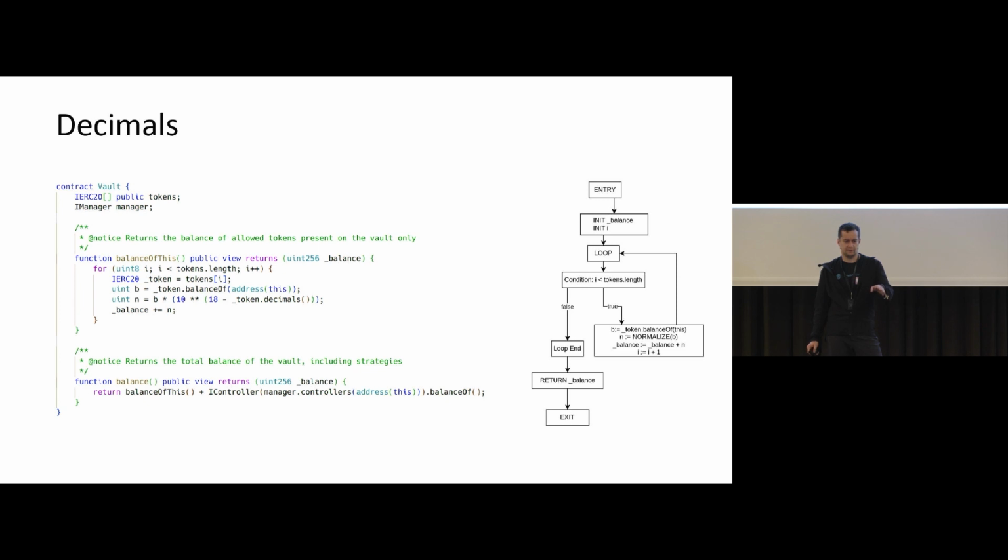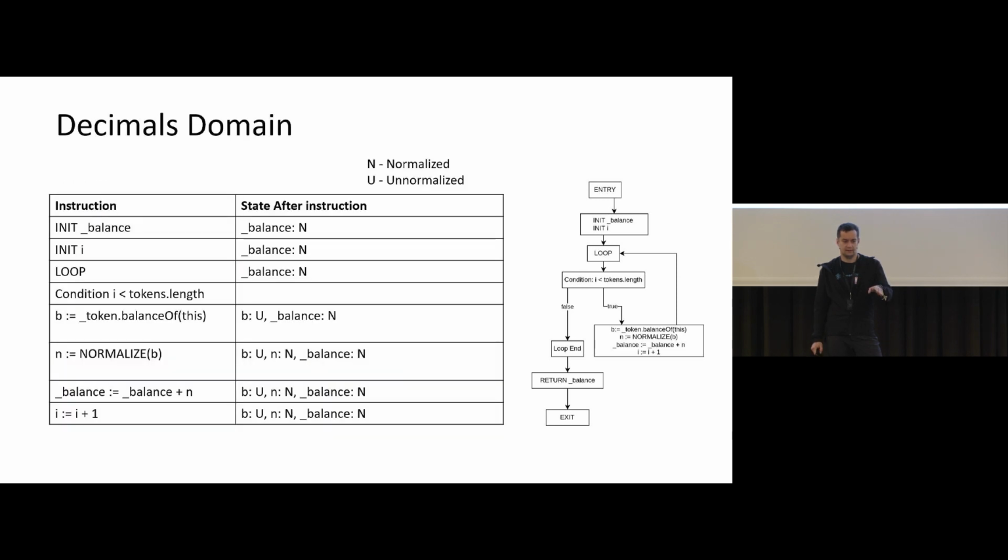And the only interesting part in this case is the loop body, and executing the loop body will yield you something like that. So we start with the initial balance, and we assume that it is normalized. I'm skipping how you can deduce that the balance is normalized, because it's actually quite hard already.